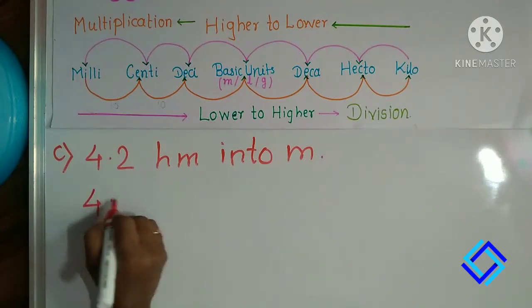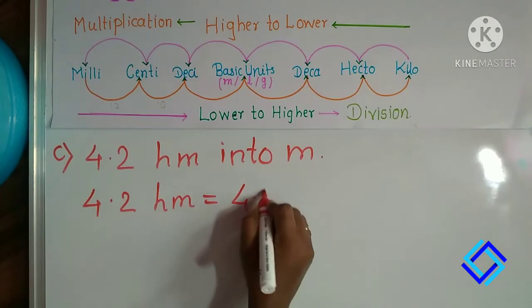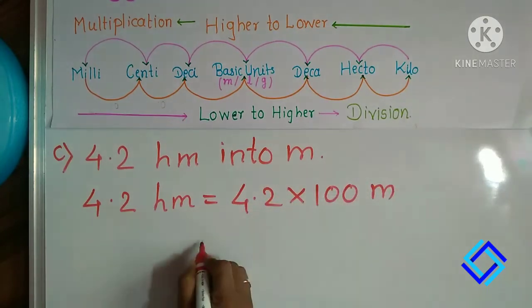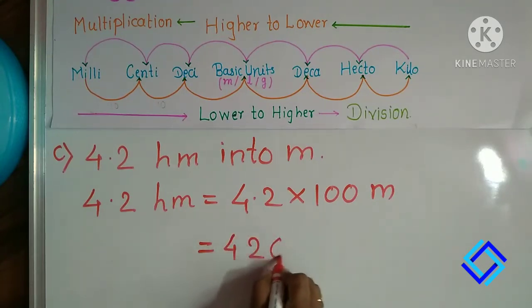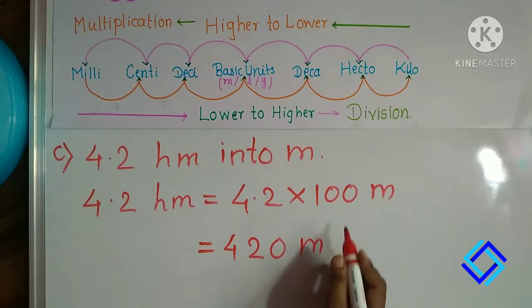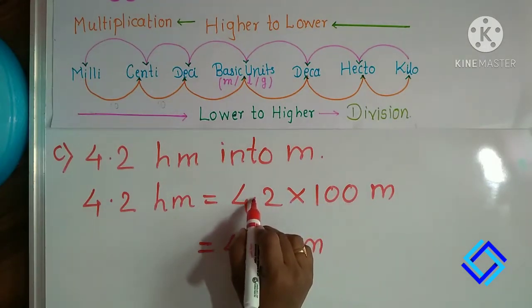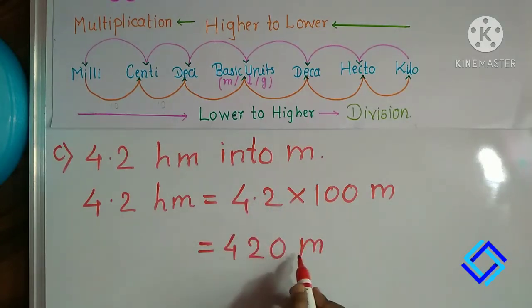So 4.2 hectometer is equal to 4.2 multiplied by 100 meter. So it's equal to 420 meter. We multiply by 100, so the decimal point will move from left to right by 2 places. So here we'll get 420 meter.